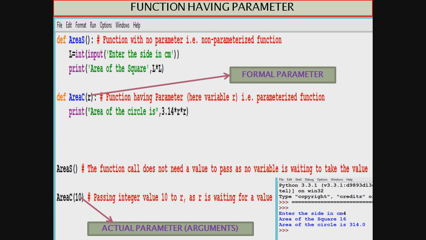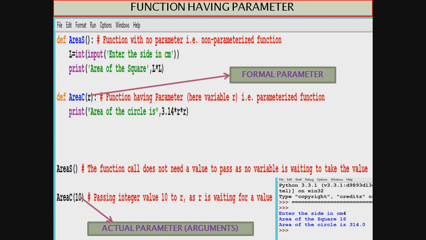If we don't pass anything, then the interpreter is going to show an error, because R is eagerly waiting for a value and area C is not going to work if we don't send a value to R. So it is mandatory here to send a value to R. As one parameter is there, we will have to send one value. So we are sending 10, and that is now referred by R, and R is being used by the print statement where we are writing 3.14 into R into R.